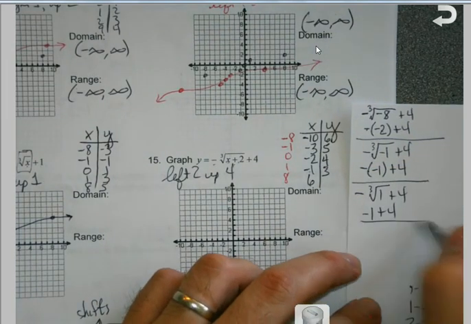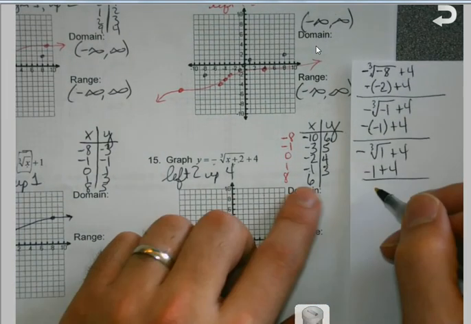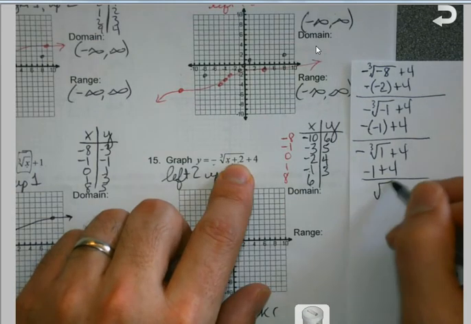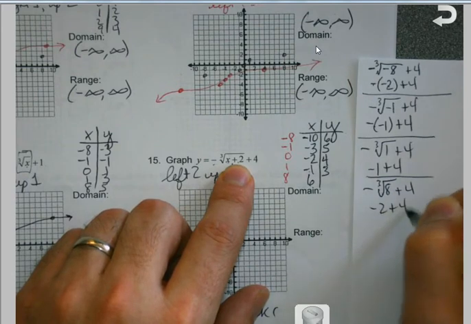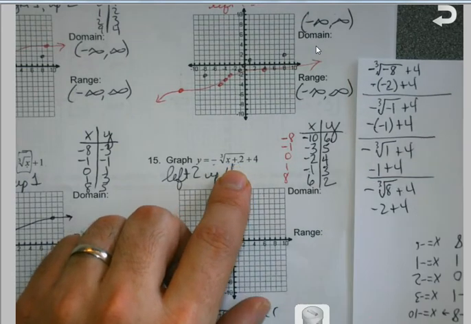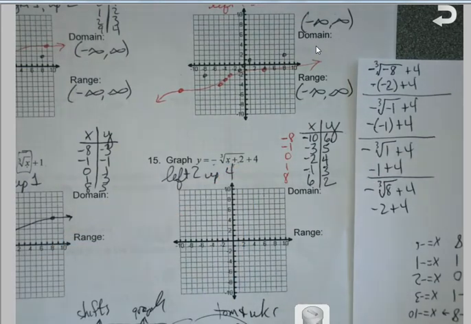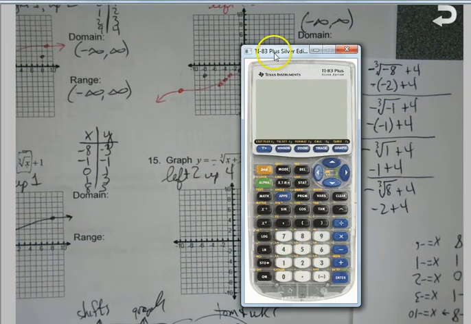And then finally, my last one, I'd plug the 6 in. 6 plus 2 would make it the cubed root of 8, which is 2, but the negative's there, and I get my 2. So if I'm going on the calculator, I could do the exact same thing that I've been doing.